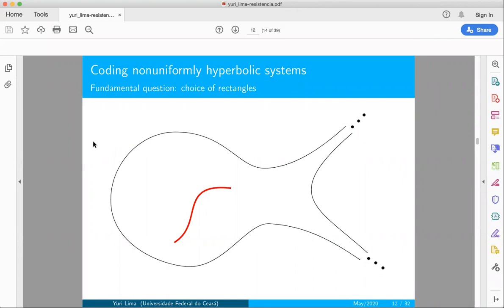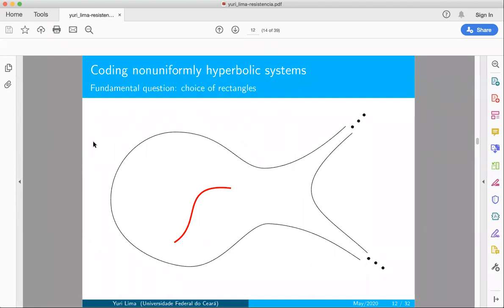Perhaps the exponential map, which are the natural charts that you analyze this manifold, behave very badly as you approach these points at infinity. For instance, if the curvature gets very big, then the exponential map can also get very big in a very fast way. And the other difficulty is related to the dynamics itself. As you approach this red curve, perhaps the derivative can explode in an uncontrollable way, for instance, exponentially fast.